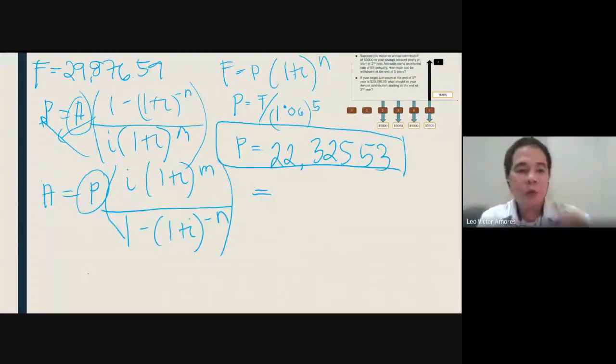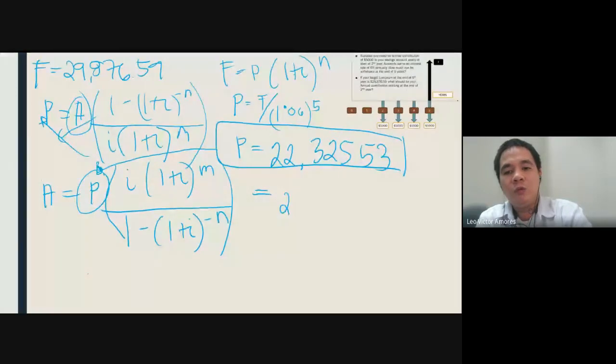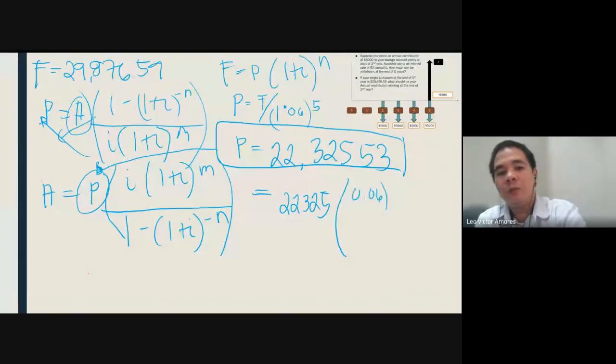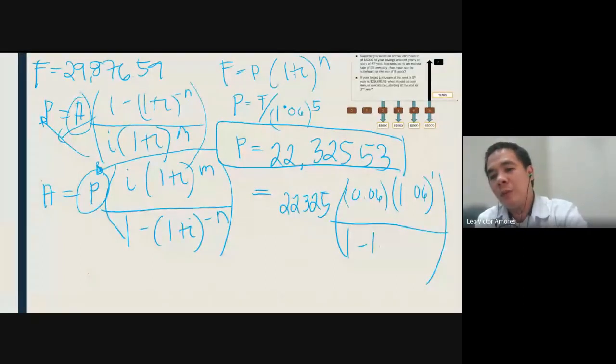So knowing already the value of your principal amount, substituting everything, that is 22,325 multiplied by 0.06 multiplied by 1.06 to the power of 1 over 1 minus 1.06 to the power of negative 4.